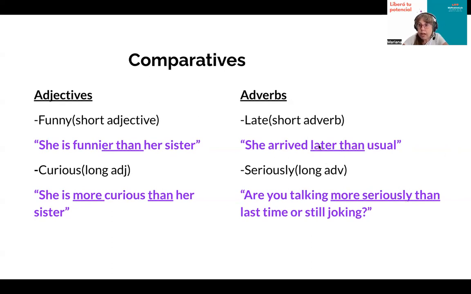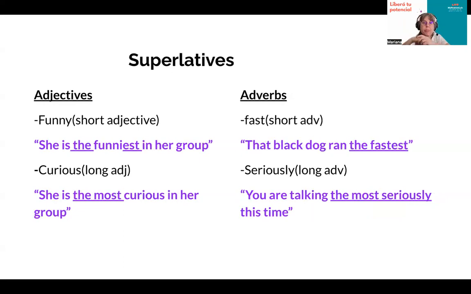Late is adjective and also adverb. This is like the example of the word fast. Fast is adjective and also adverb. Then when you create the comparatives or the superlatives, you just add the er and that's it.